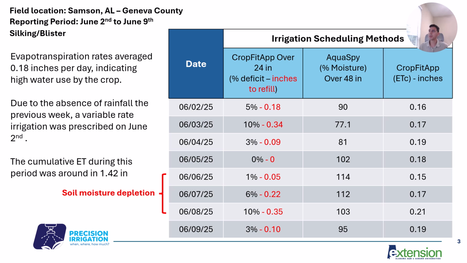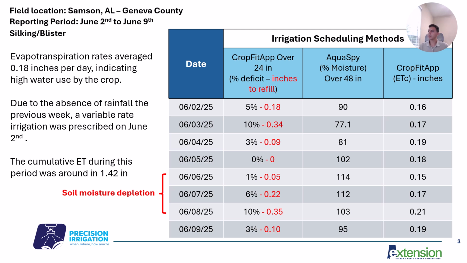According to Aquaspy moisture percentage over the 48 inches, we notice that we have a good moisture level. And also we report the different ET values here for the Crofit ET tool.